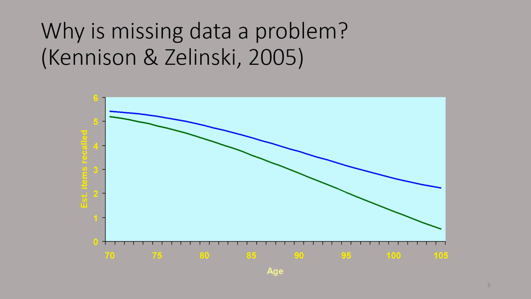And we see that when we include the data of participants with missing data and we run the same analysis, we show a much greater rate of decline and also overall poorer performance.